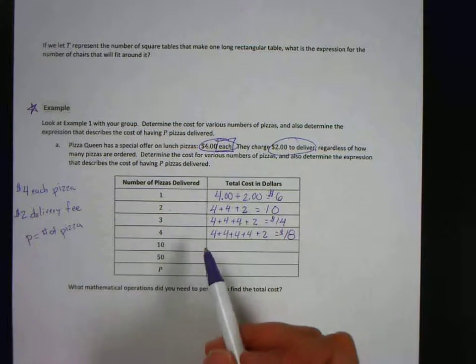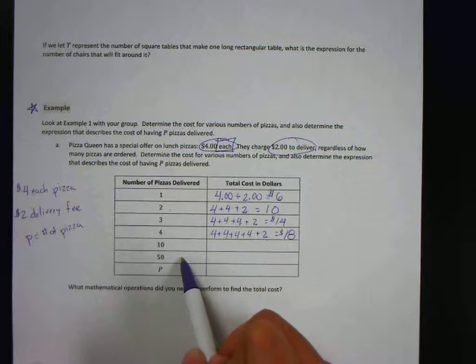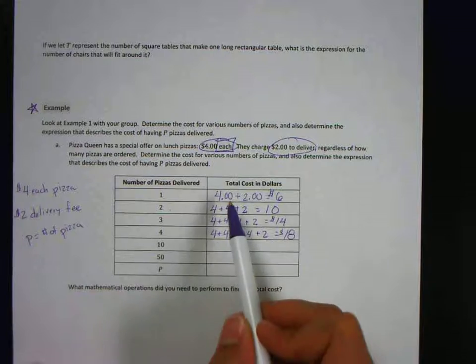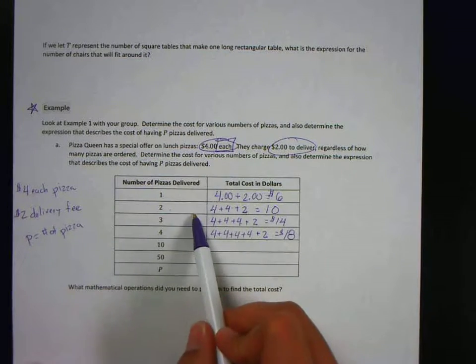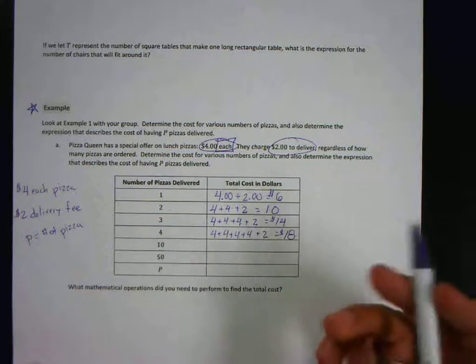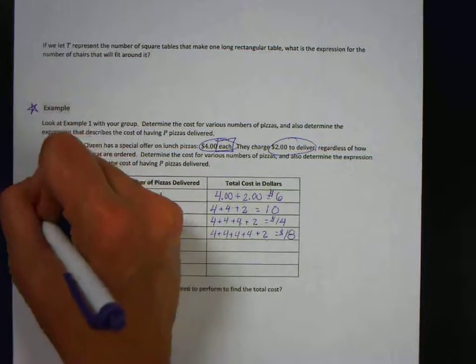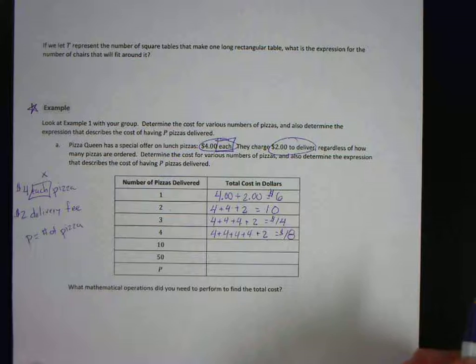Alright, so before I go on to the larger numbers, if you notice a pattern here, if it's $4 for each pizza, instead of adding $4 two times, $4 three times, $4 four times, each, remember, is a keyword for multiplication, so I can multiply.